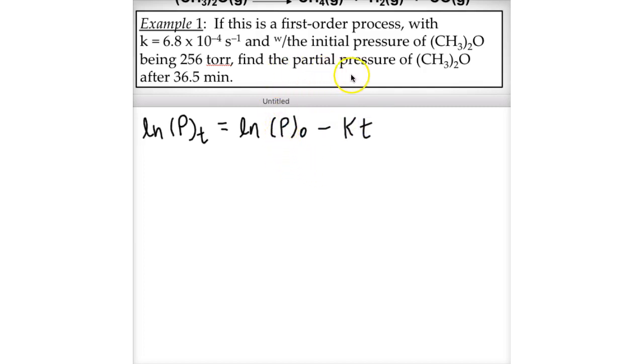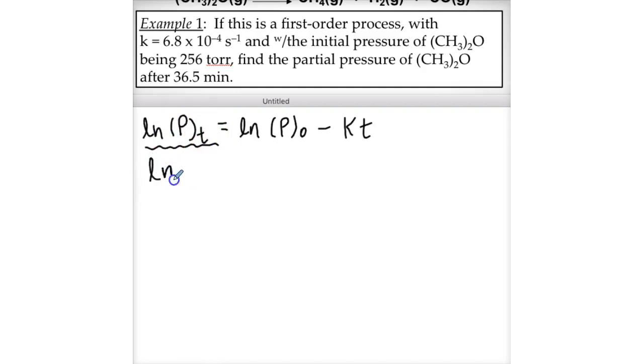So the question says find the partial pressure after 36.5 minutes. So that implies that we're going to try to leave the pressure at a certain time on its own, okay?